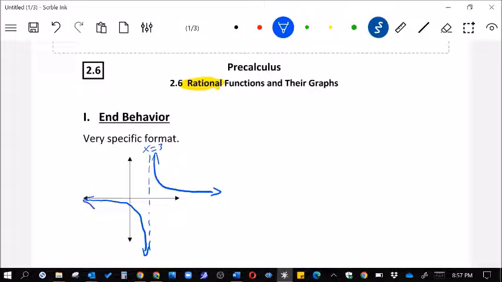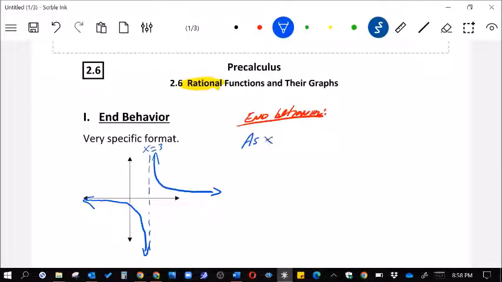Right, so now we're going to do end behavior. And this is how you're going to write it.